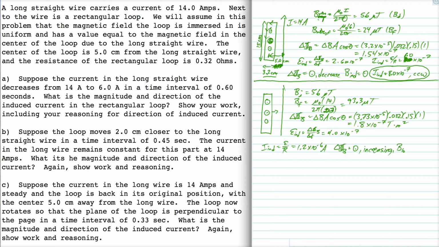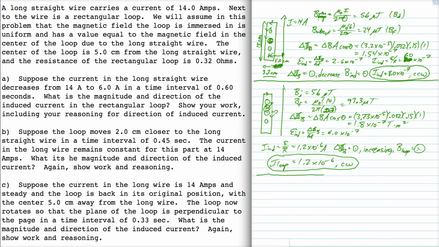Therefore, the magnetic field of the loop is going to point into the page, and for an induced magnetic field that points like that, the current has to flow clockwise. So there's our current for part B.